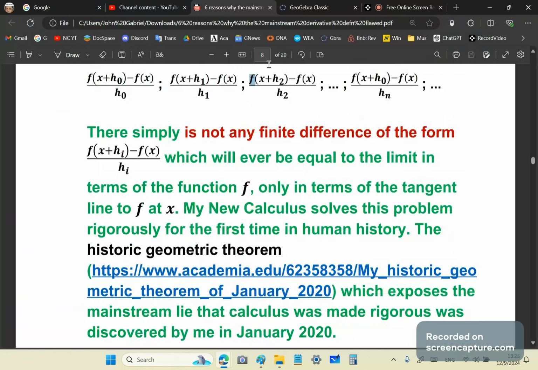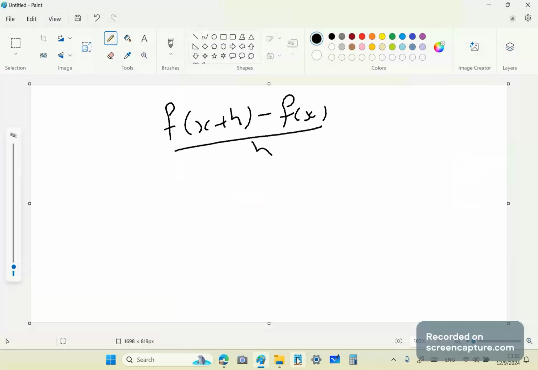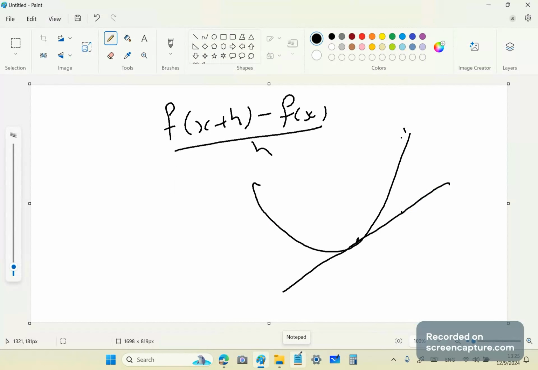Because when you're looking at a non-parallel secant line, like you are in your bogus calculus, what does your bogus calculus do? Your bogus calculus tries to find the tangent line slope by finding secant lines that are close to the tangent line.